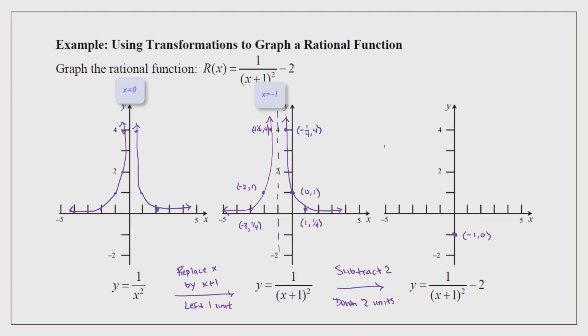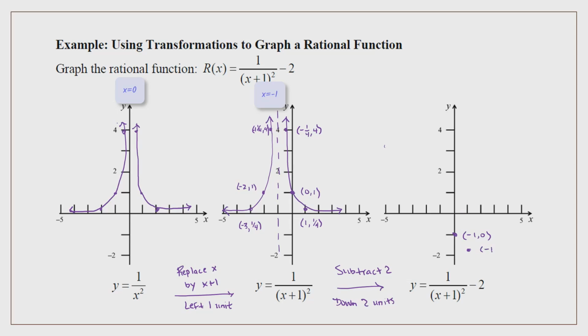Moving it down 2 units. Then if we take the point (1, 1/4), moving down 2 units, we'll be affecting our y coordinate. So we'll be at 1, and then we go down 2, so we'll be at negative 1 and 3/4.